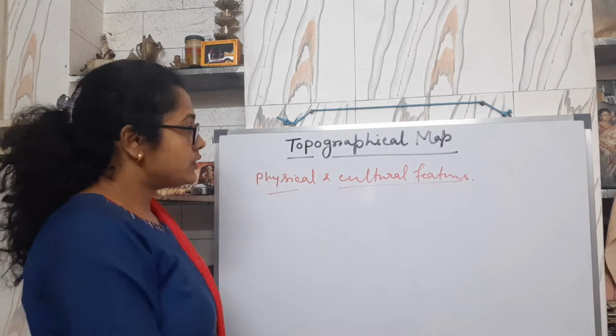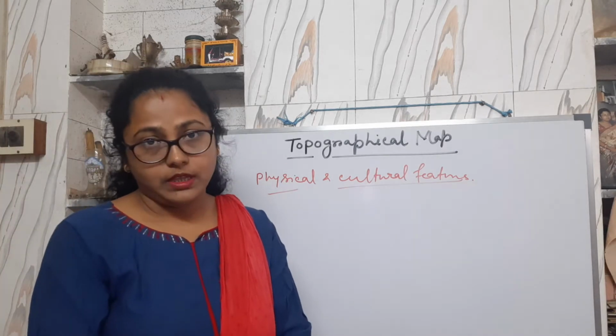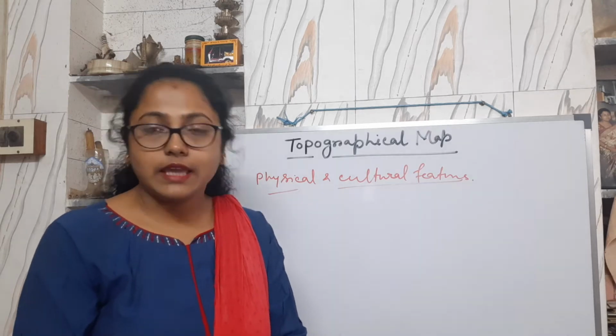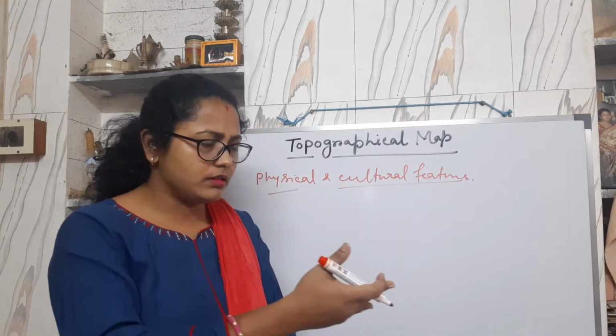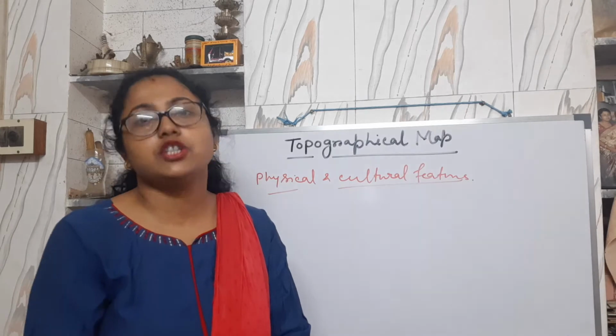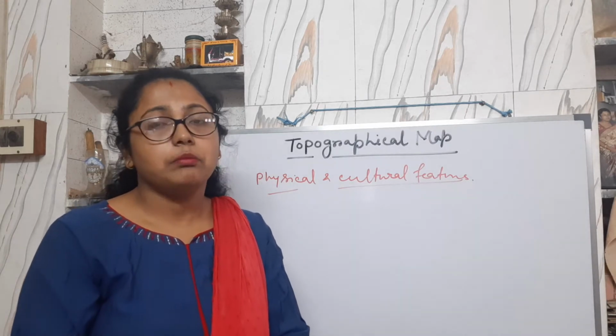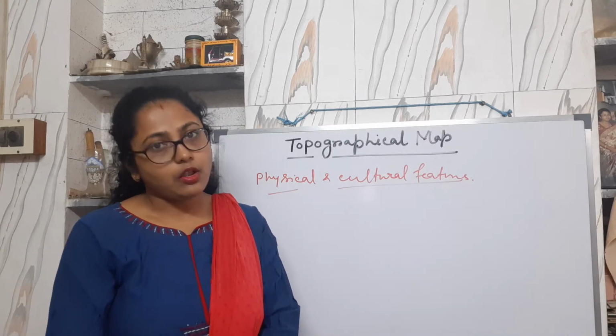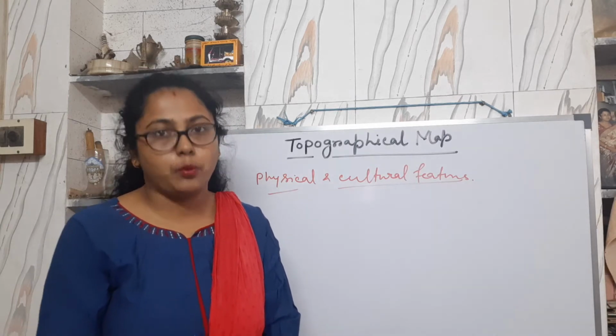Clear? So this is the importance of a topo map, and the person who can read a topo map nicely can get the exact location of any valley, peaks, rivers on the topo map.